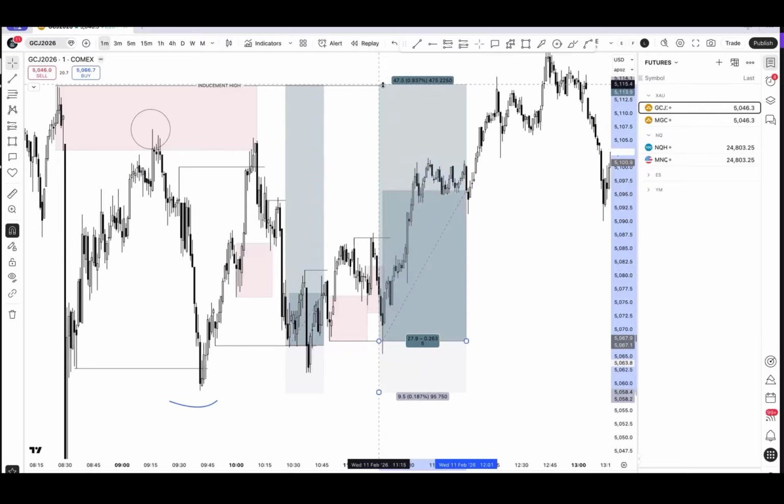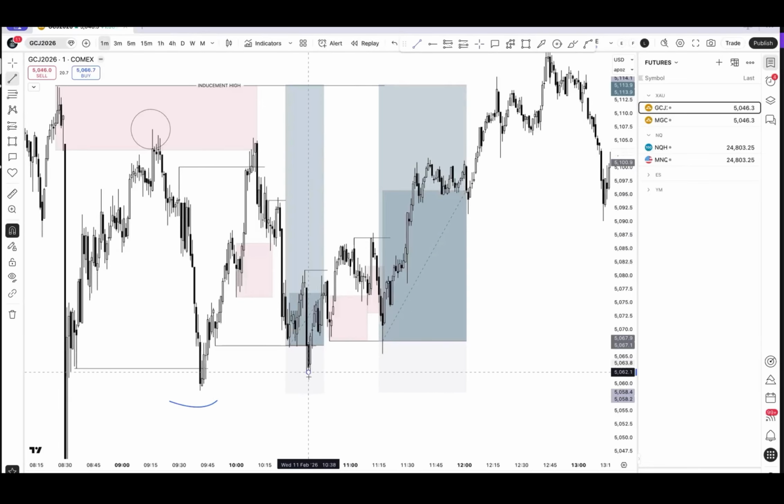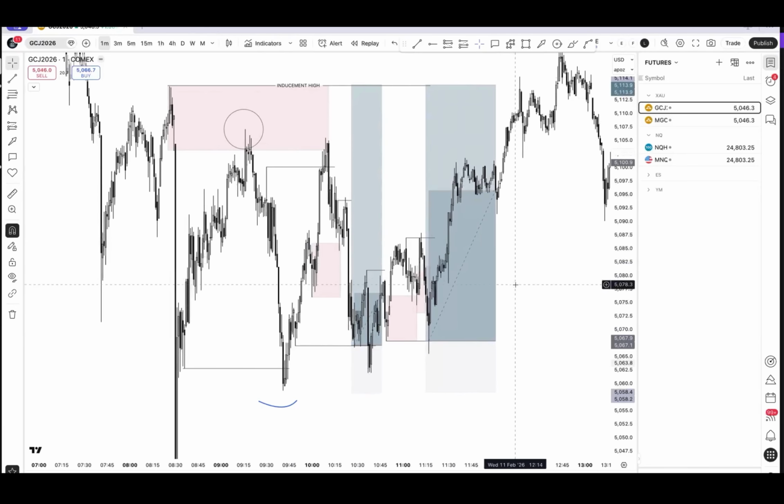Price could do something like we like to call re-inducement, where it takes the low, could end up taking a low and then still respecting this one to the left and then going. So I just want to have my stops safe. So that's another potential entry there. 2 entries into this inducement high. Pretty clean.